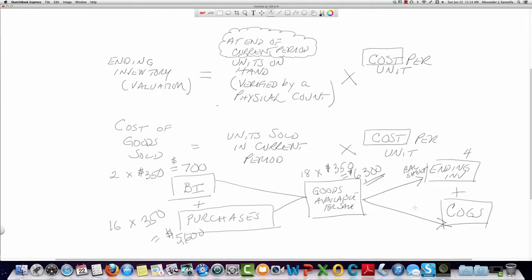And cost of goods sold affects the income statement. So you have 4 units at $350. So our ending inventory is $1,400. And the 14 units that we sold, and we know, even if we didn't tell you that, if you had 18 with 4 left, assuming no spoilage or theft, there are 14 units that are sold.